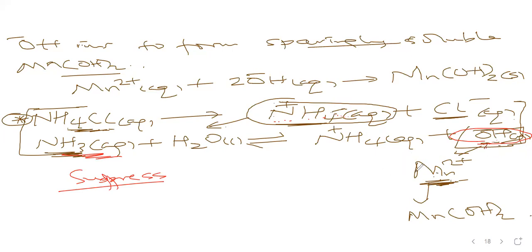Therefore, the ionic product of manganese 2 ions cannot exceed its solubility product. Hence, precipitation does not occur in that case. Are we together?